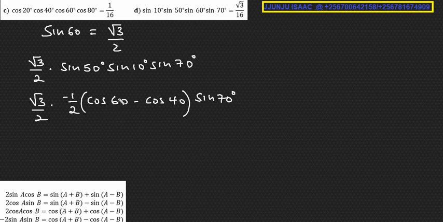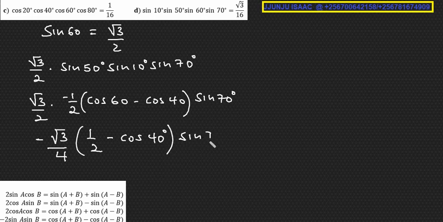Now from there, we have a half here, which we need to remove straight away. So we have negative root 3 over 4. Inside the bracket, we have a half minus cos 40 degrees, then sine 70 degrees. So I'm going to multiply this into the bracket.